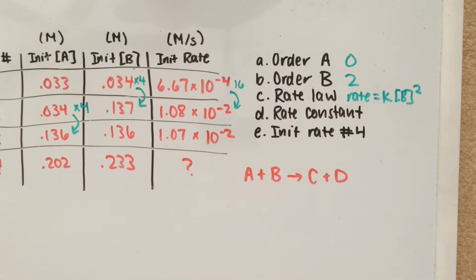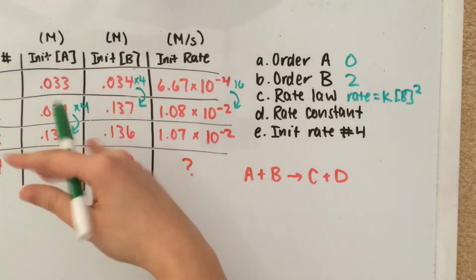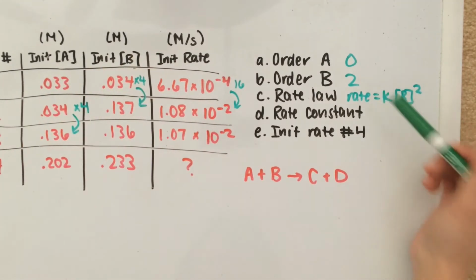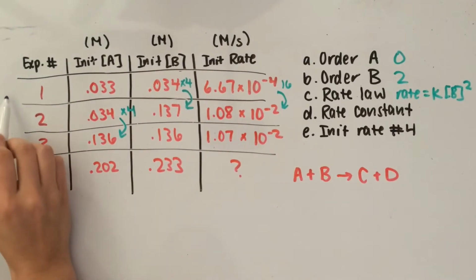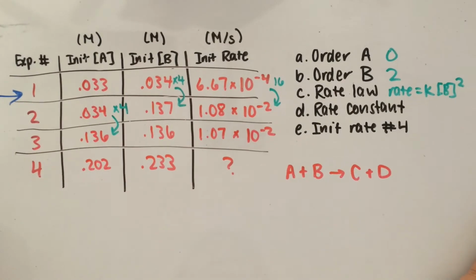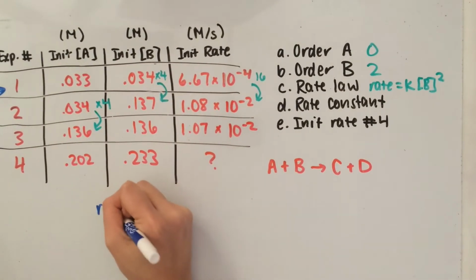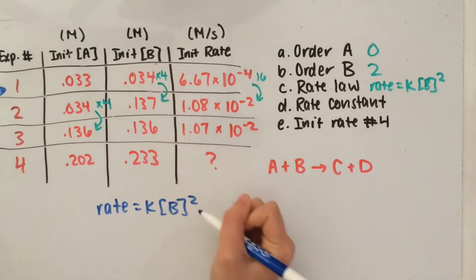Now, it's asking us to calculate the rate constant next. So basically, all we have to do is take the rate law that we just wrote, plug in some numbers that you can just pick from the table, and then calculate k, which is the rate constant. I'm just going to choose experiment number 1 because it's the first one on the chart. Our rate law is rate equals k times the concentration of B squared.